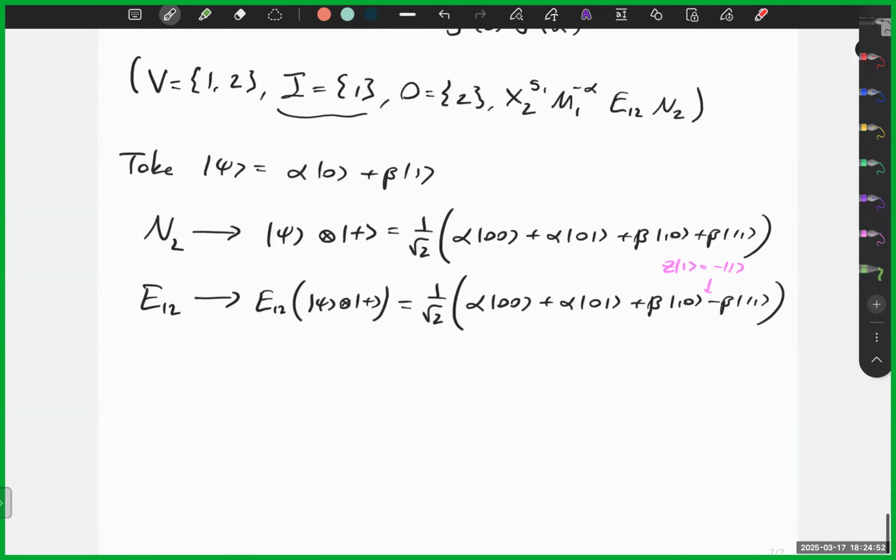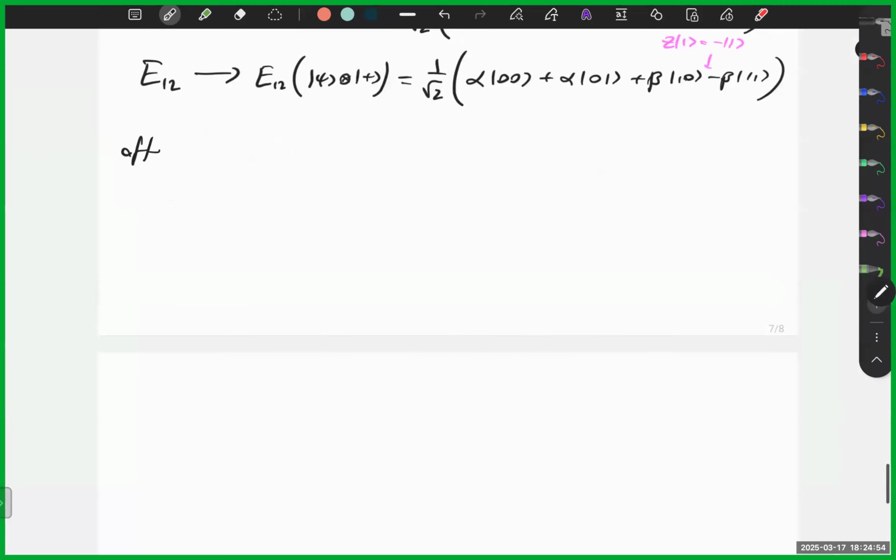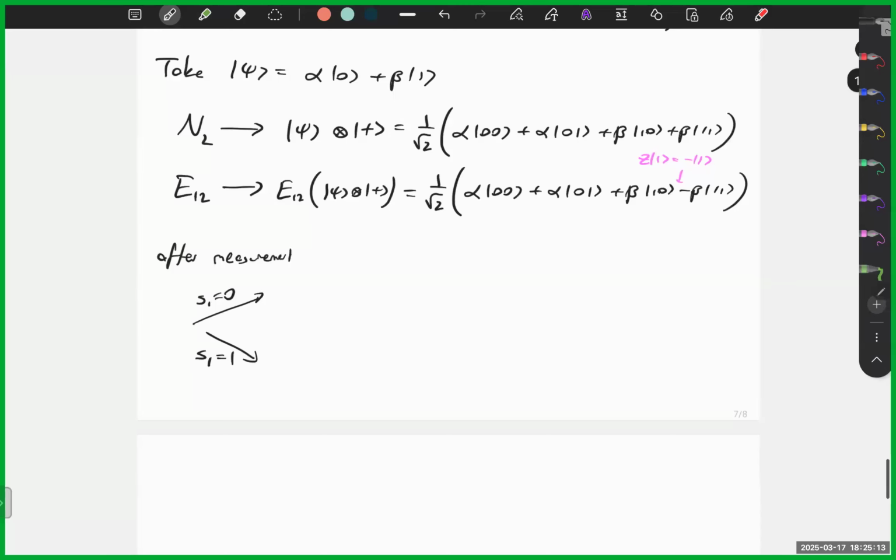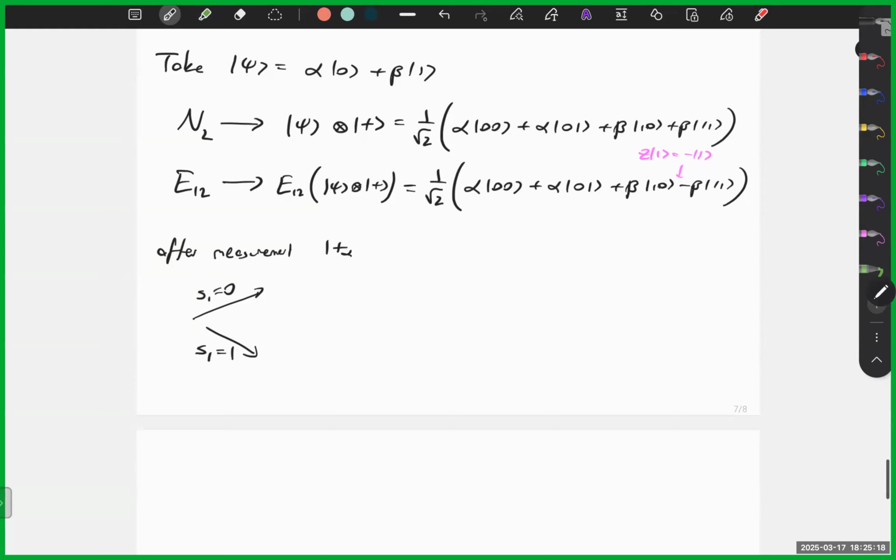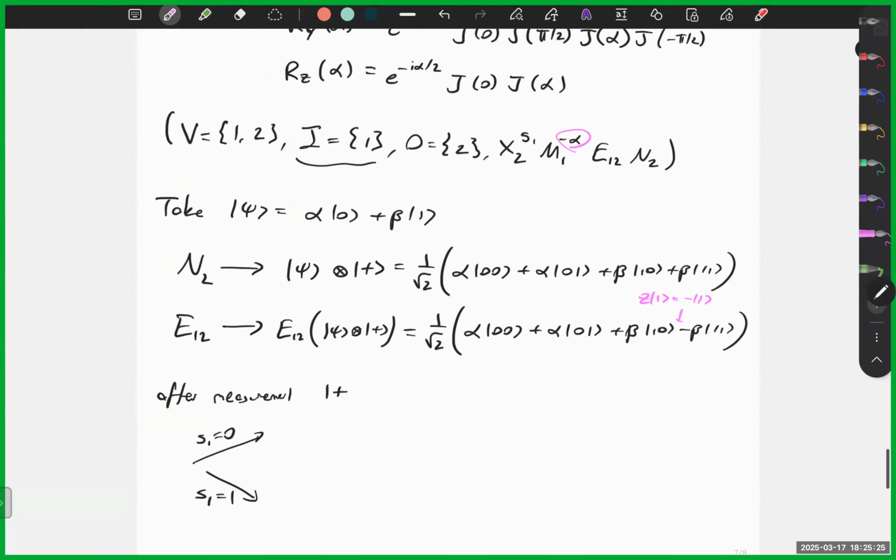So after measurement, we have 2 branches. This is S1. Okay. Oh, sorry. I get confused. Then remember that we are measuring in the plus alpha, but here we are taking the minus alpha here.